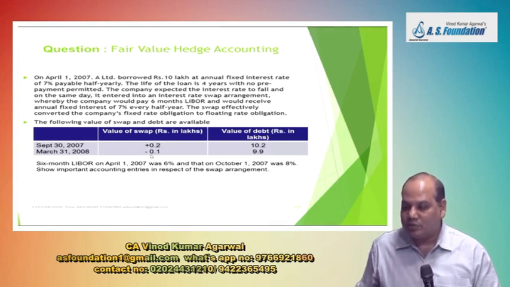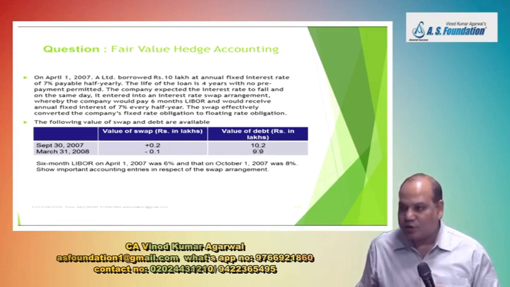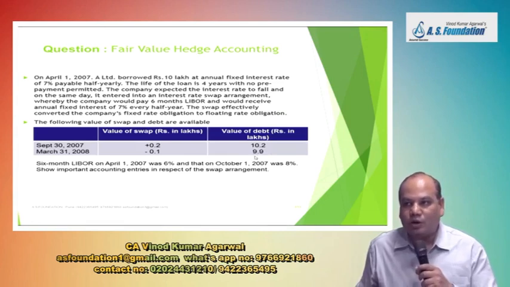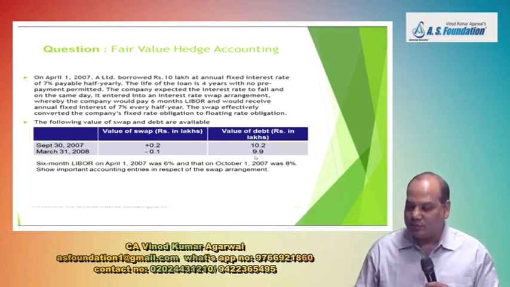It has decreased. So I will recognize a loss on the derivative of 0.3. At the same time, the liability, which was 10.2, fair value is now 9.9. Gain or loss? Gain, because the liability has reduced. Reduction in liability is a gain for the organization.